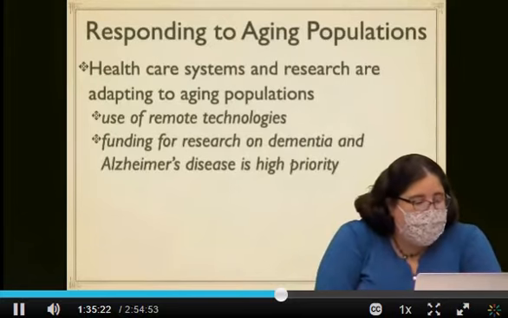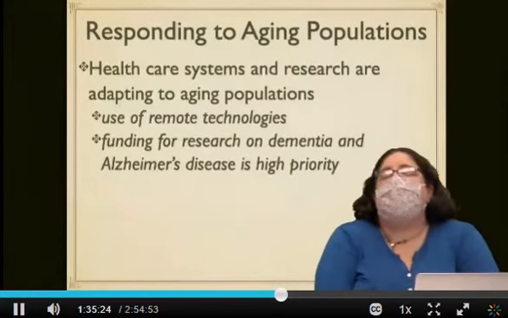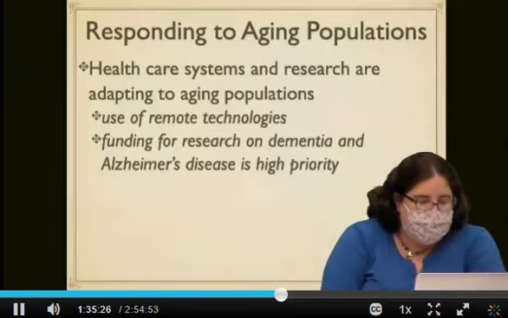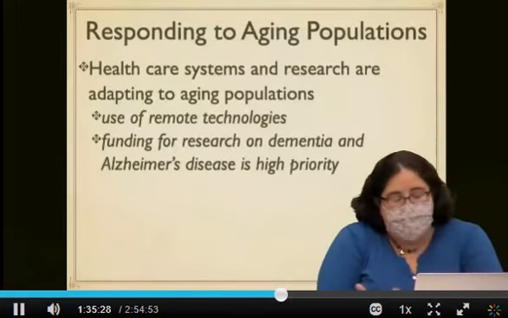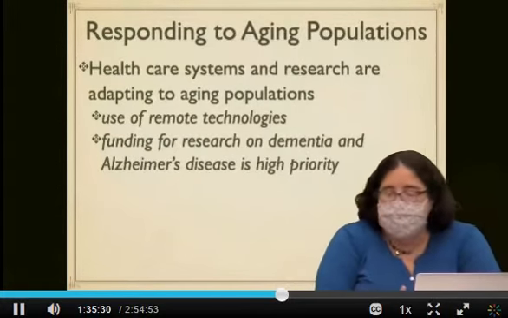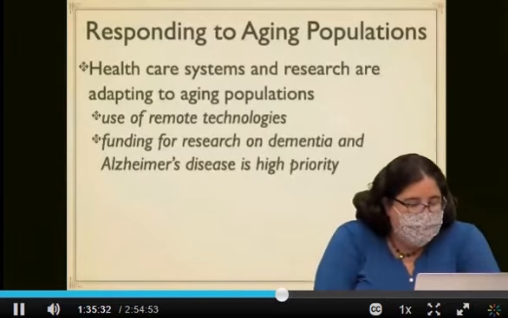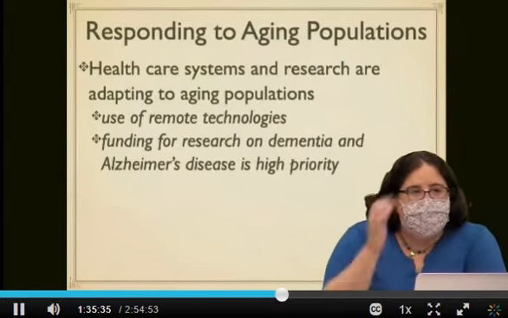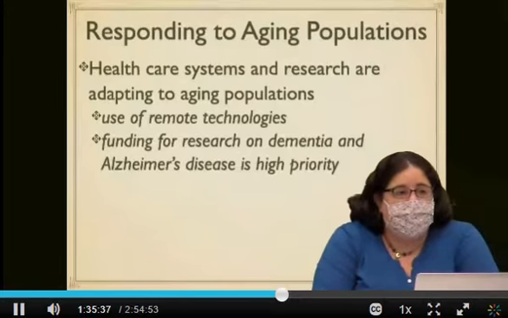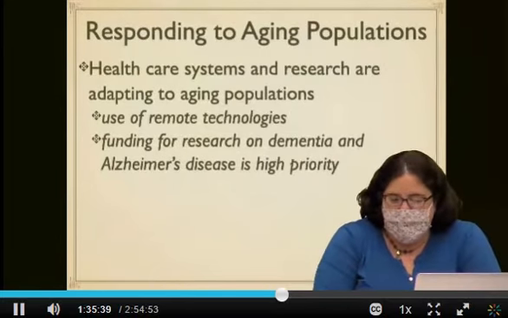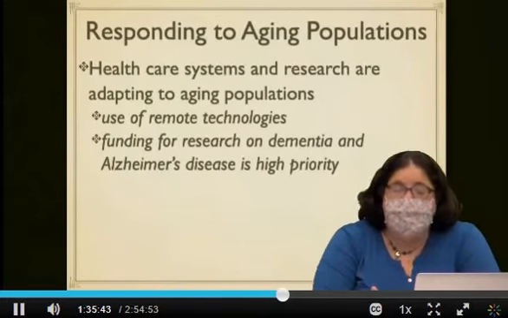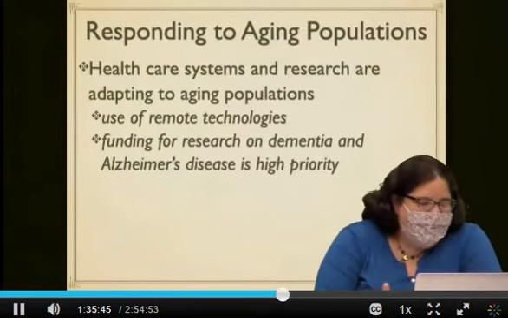Additionally, there's been a significant increase in funding for research on two age-related illnesses, and they are themselves related: dementia and Alzheimer's disease. It's a very high priority in the medical field. It is one of the highest funded research areas after cancer and probably erectile dysfunction, but I'm not sure.